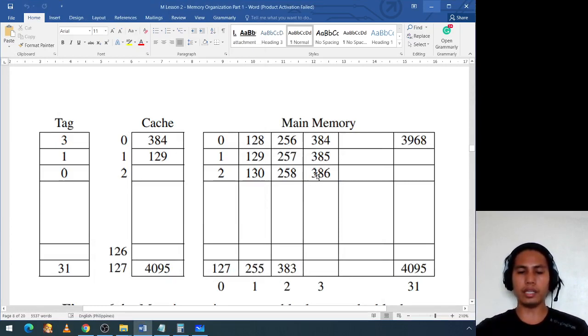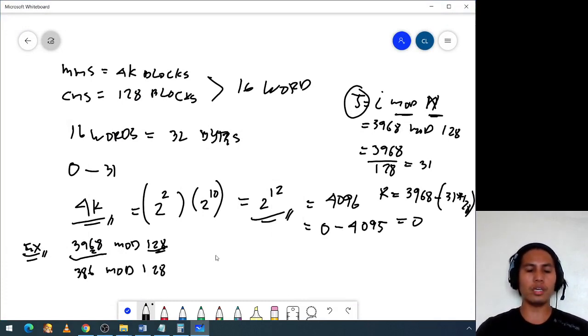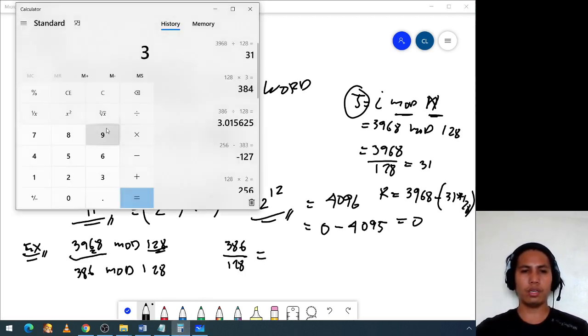Okay, another one. Let's try 386. So that is actually 386 mod 128. Or that is 386 divided by 128.